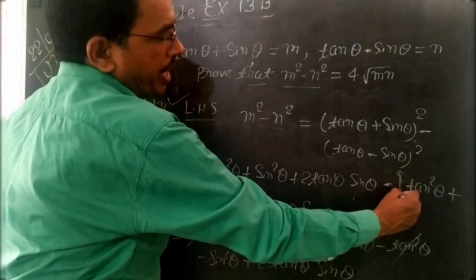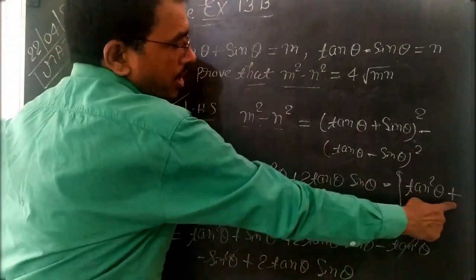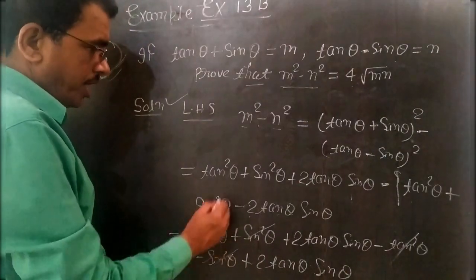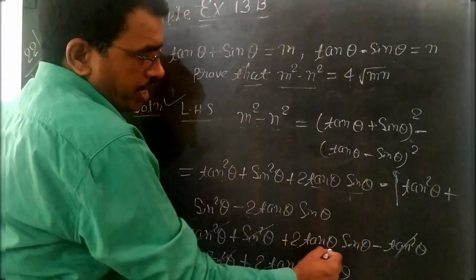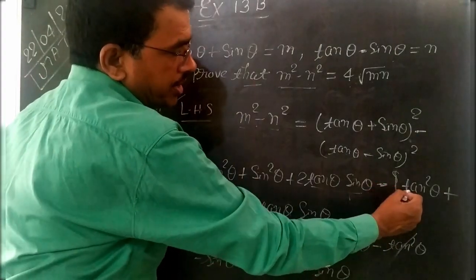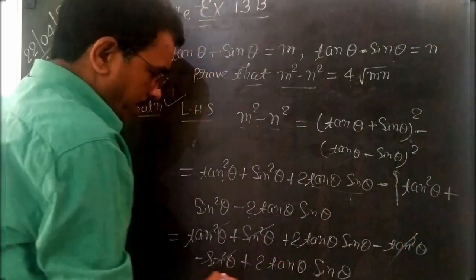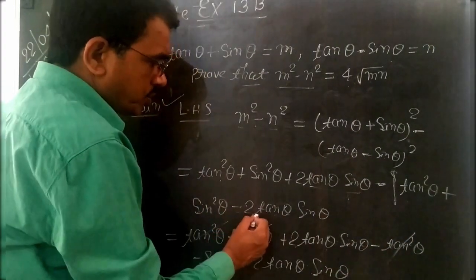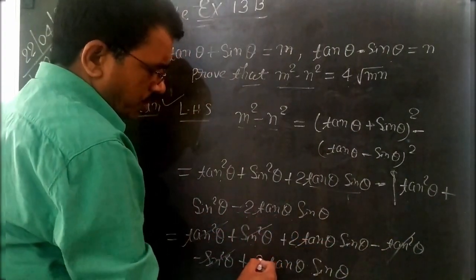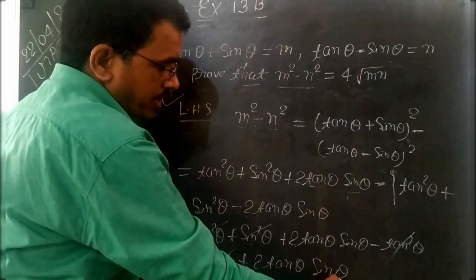Now remove the brackets. Here is a negative sign, so change all the signs. So you write tan square theta plus sin square theta plus 2 tan theta into sin theta. Here is minus, so it is minus tan square theta minus sin square theta. Here is minus 2 tan theta sin theta, so now it is plus 2 tan theta sin theta.